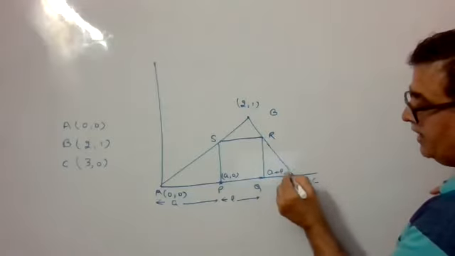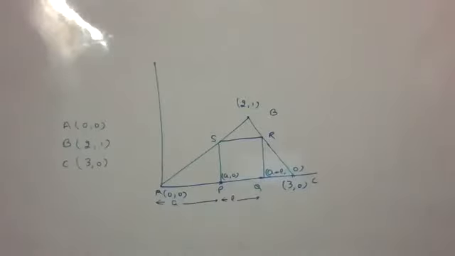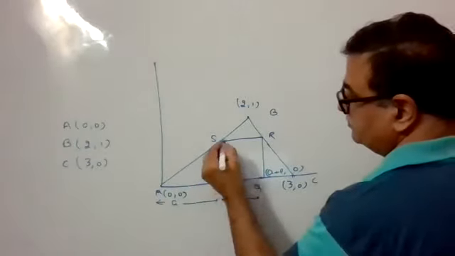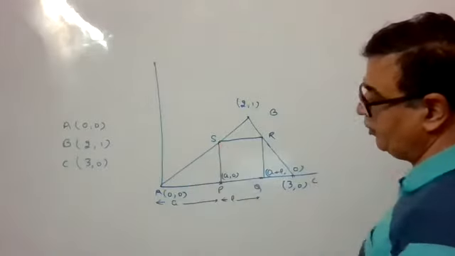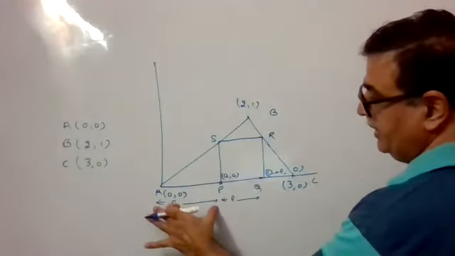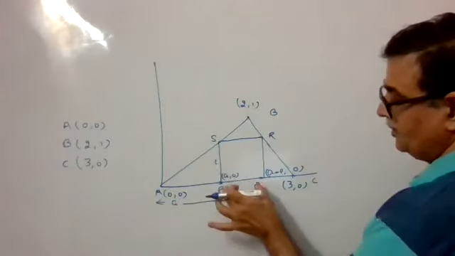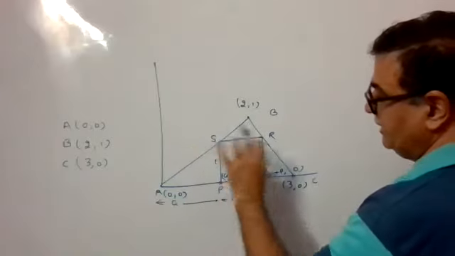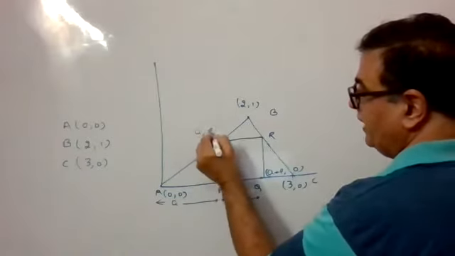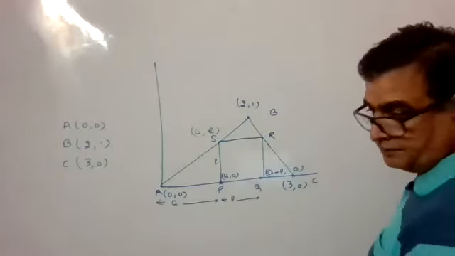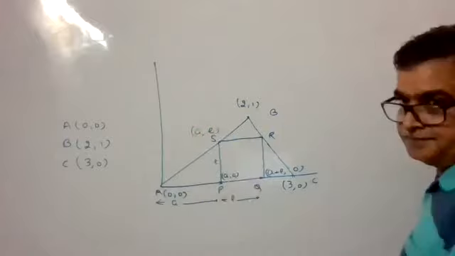A plus L, 0. Now we have this coordinate. When this length is L, then this is also L. So this coordinate becomes A, L.